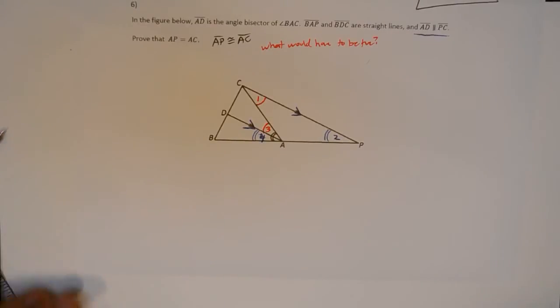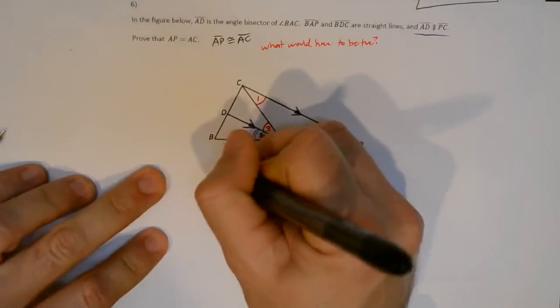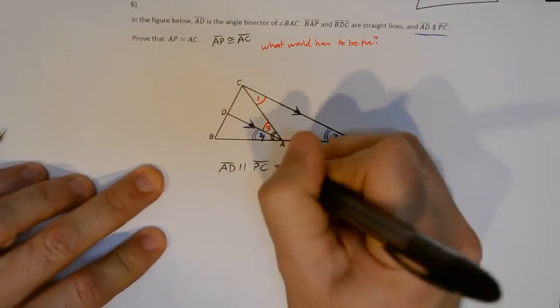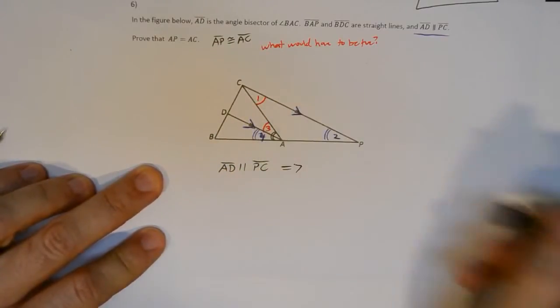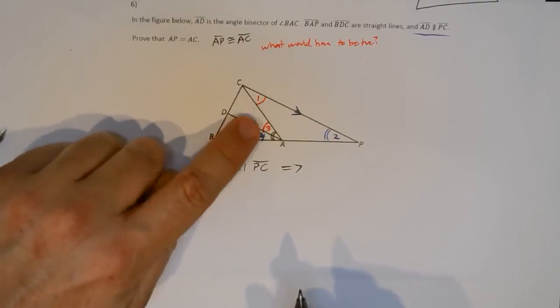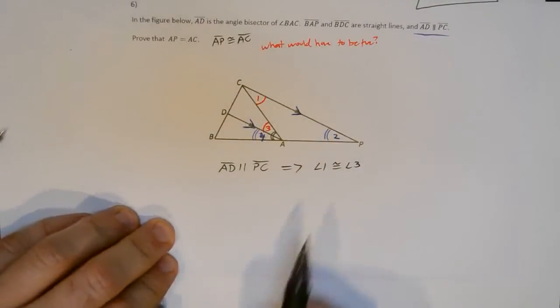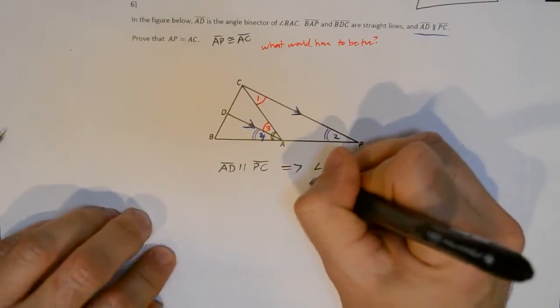So what would this proof actually look like? Well, you could write it out in two columns, or you could use a paragraph form for the Regents. So let's go with a paragraph form. Might be a little bit easier in this case. So let's start with the fact that AD is parallel to PC. So if AD is parallel to PC, therefore, right, we can say that angle 1 and angle 3 are congruent. And we can also say that angle 2 and angle 4 are congruent.